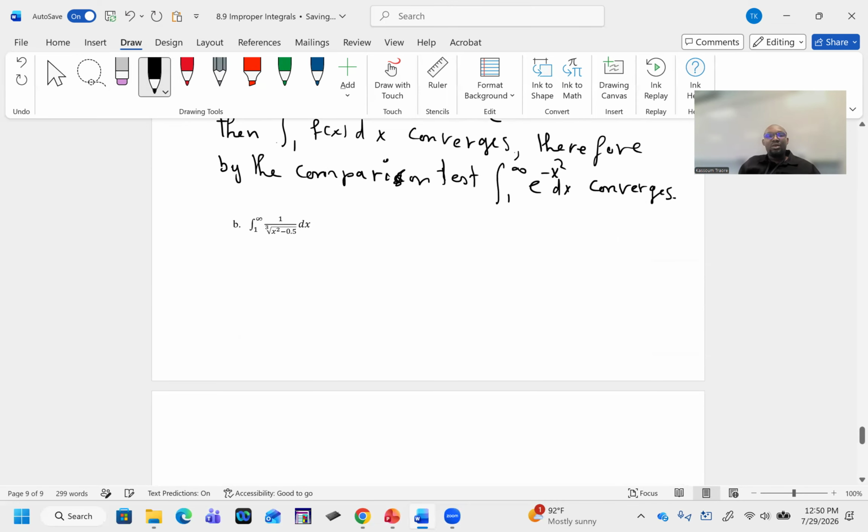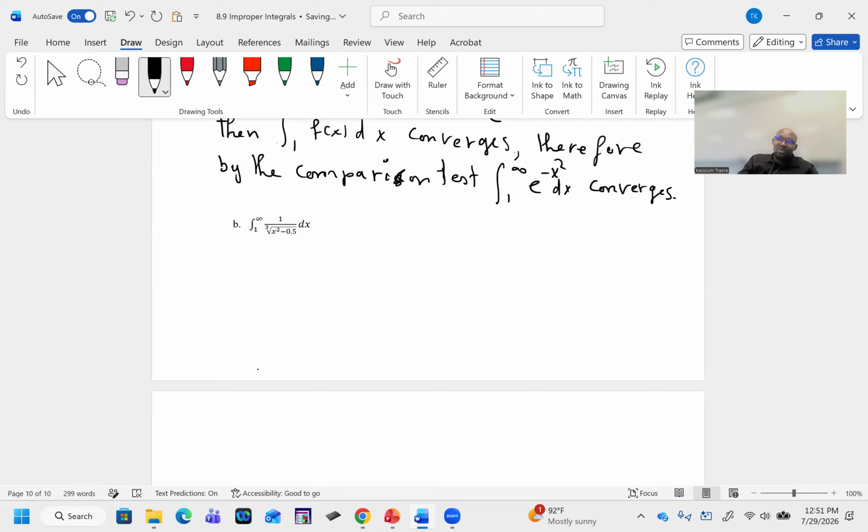So for b, we have the integral from 1 to infinity of 1 divided by cube root of x squared minus 0.5. So again, one challenge is choosing the appropriate improper integral for comparison. So that's the challenge that you can have. So we can see this is cube root of x squared.